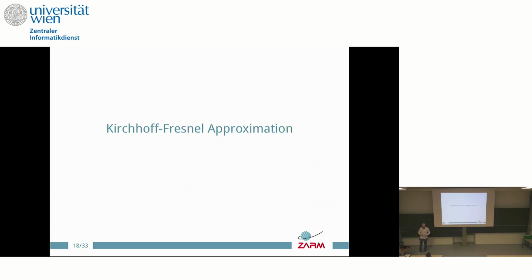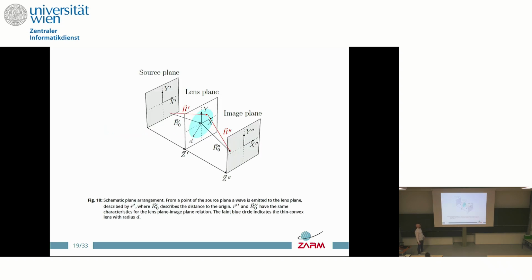And now we want to see wave optics. Because we will now first only use the scalar perturbation, so S equals 0, we can use the Kirchhoff-Fresnel approximation. In principle, what the Kirchhoff-Fresnel approximation for a scalar field means is that if the source plane and the image plane have a high distance to the lens plane, then the Fourier transformation of the measurement on the lens plane will be the image plane.